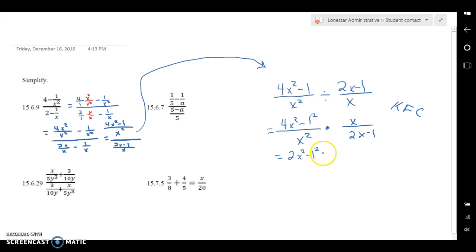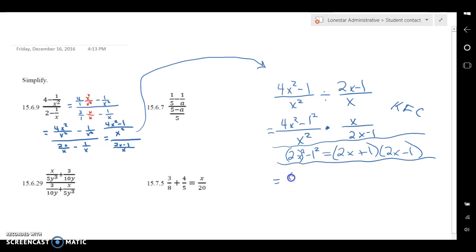A difference of squares is, I should write it like this, you write the first root, 2x, add the second root, and then you subtract them. So now we've factored this numerator. I'm going to get rid of that equal sign there to show that we're doing a little extra work there. And now we can rewrite our numerator up here.